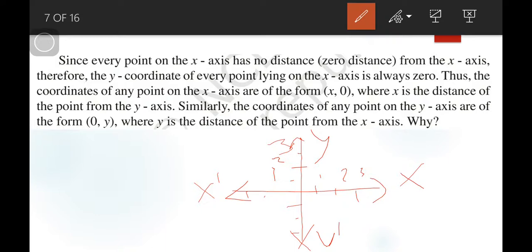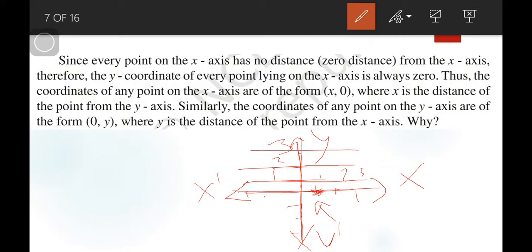So a point on the x-axis means the point will be denoted here on the x-axis. Here you can see that the distance from the x-axis of the point on the x-axis is 0, and you can see the distance between the point and the y-axis, the distance between this point and the y-axis, we can find here as well as here.